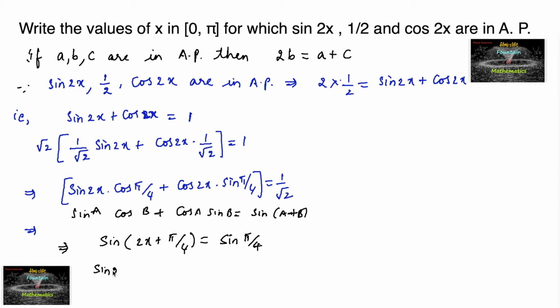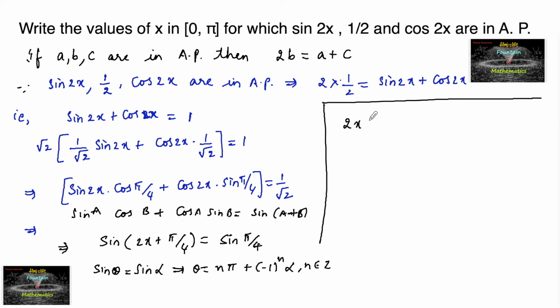We know that sin theta equals sin alpha implies theta equals n pi plus minus 1 whole power n alpha, where n is an integer. Here theta is 2x plus pi by 4, so 2x plus pi by 4 equals n pi plus minus 1 whole power n alpha, and alpha can be taken as pi by 4.